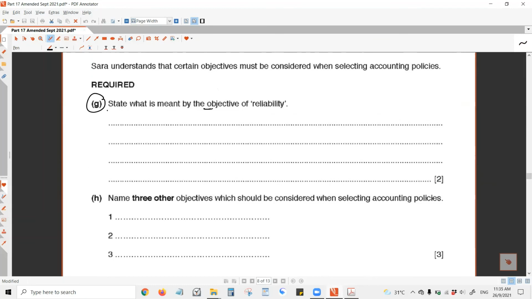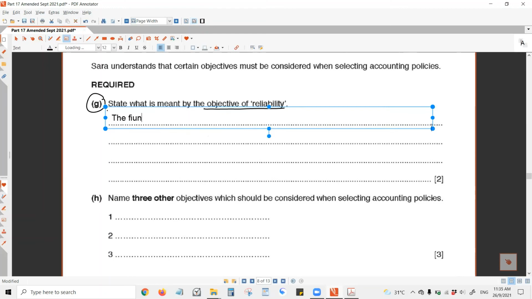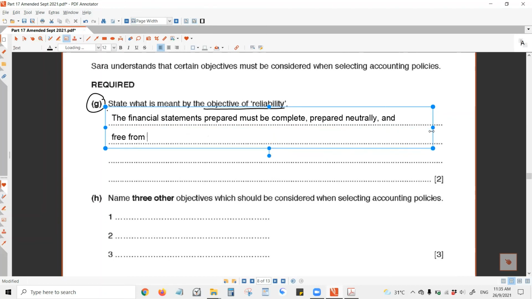State what is meant by reliability. So how should you write? You only have to mention the three components. So you follow me and write: the financial statements prepared must be complete, prepared neutrally, and free from major errors.